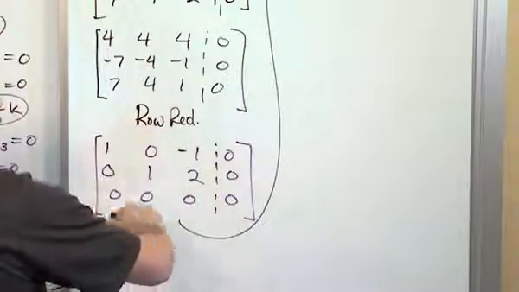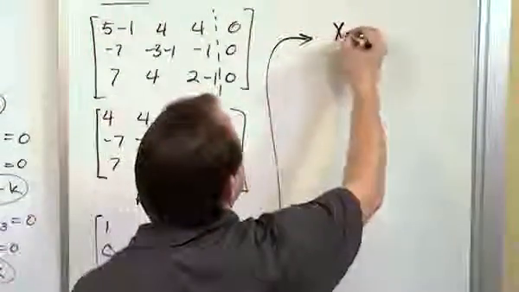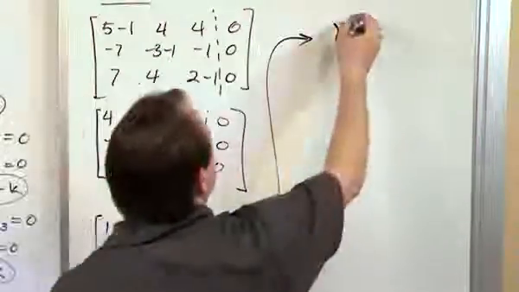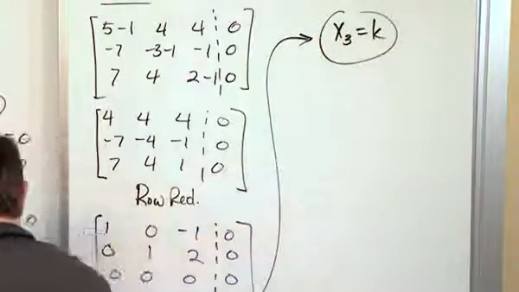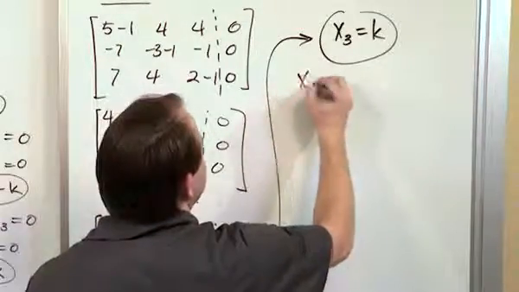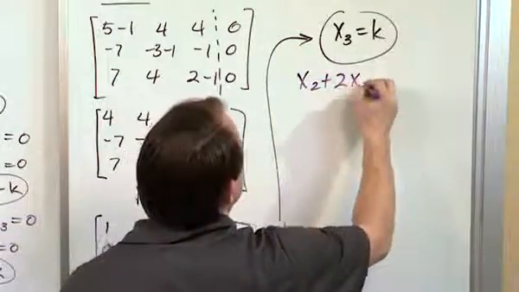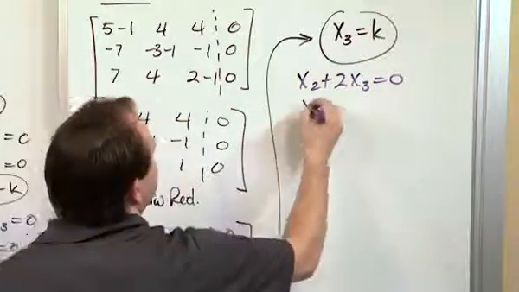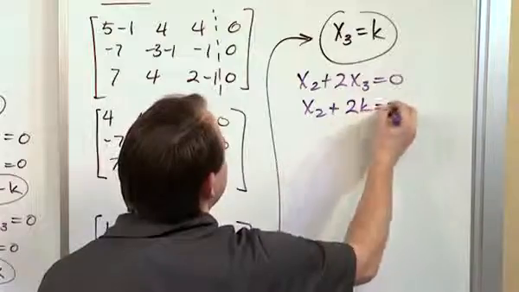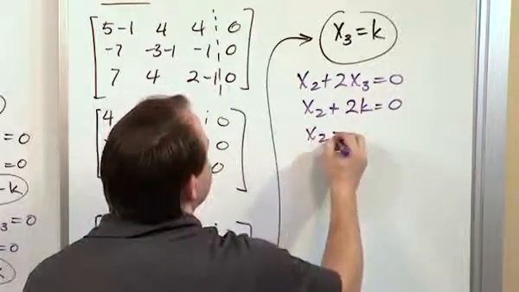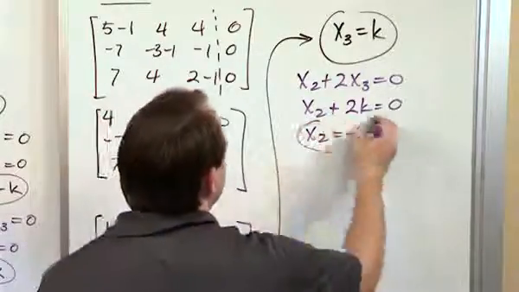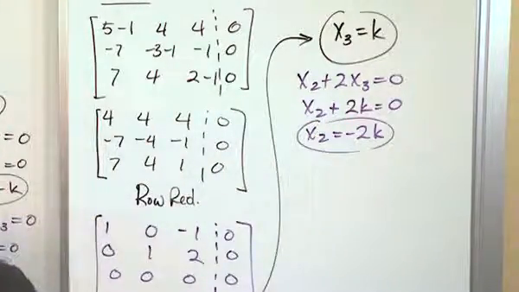The third row is 0, so again I say that x sub 3, the third variable, is equal to anything I want it to be. And I'll circle that because that'll be important. The next equation above it is x2 plus 2x3 equal to 0. x2 plus 2 times k, I know that x3 is equal to k now, so x2 is equal to negative 2k, and I can circle that, because that'll be important in a minute.